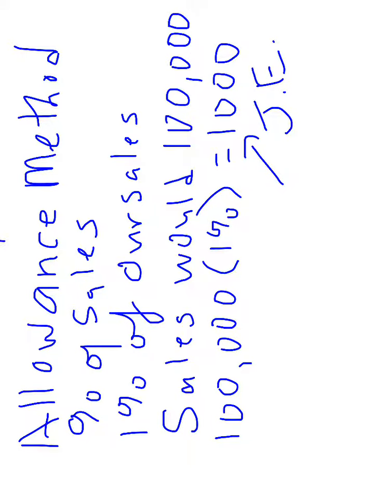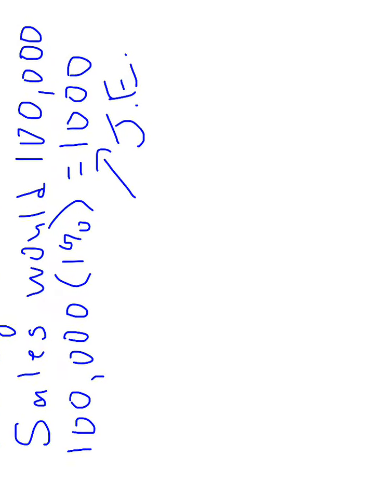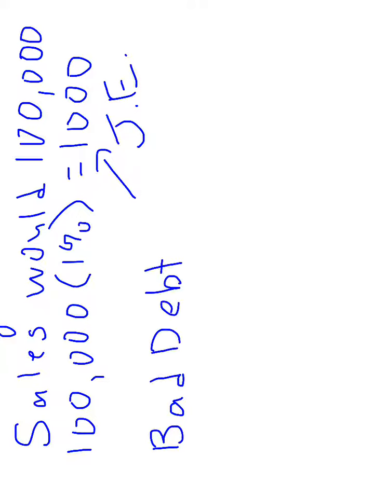When we get ready to do this particular journal entry, you will see that we still have the debit account being bad debt expense. But our credit account here will actually be the allowance account, because this is the allowance method.